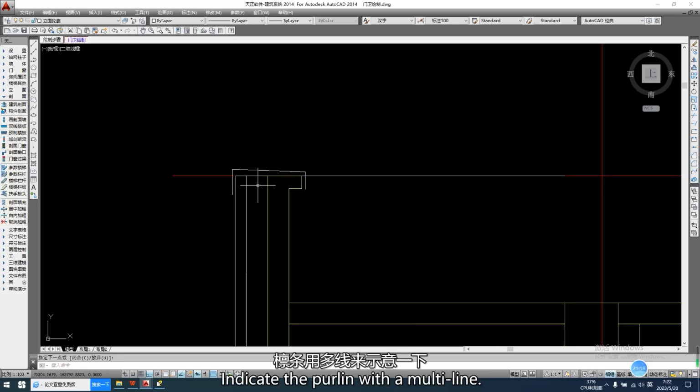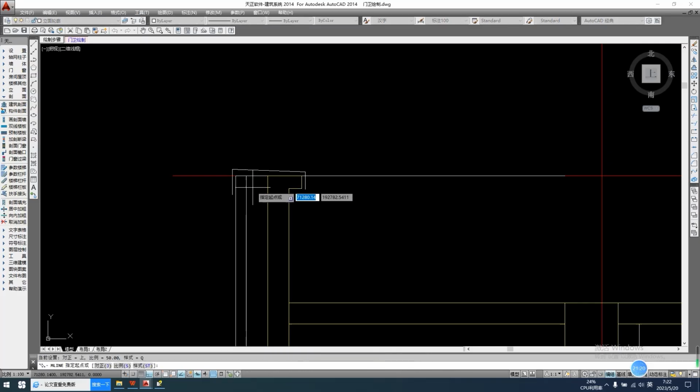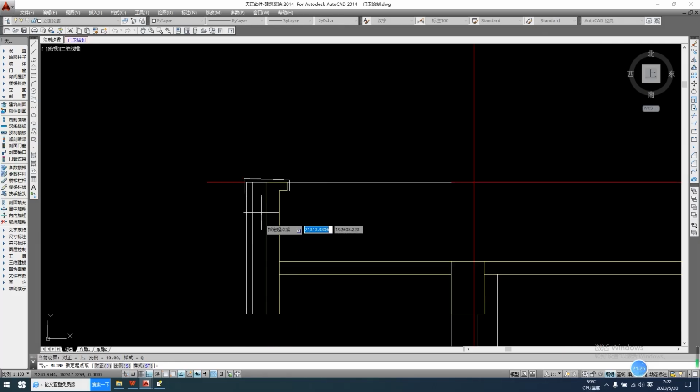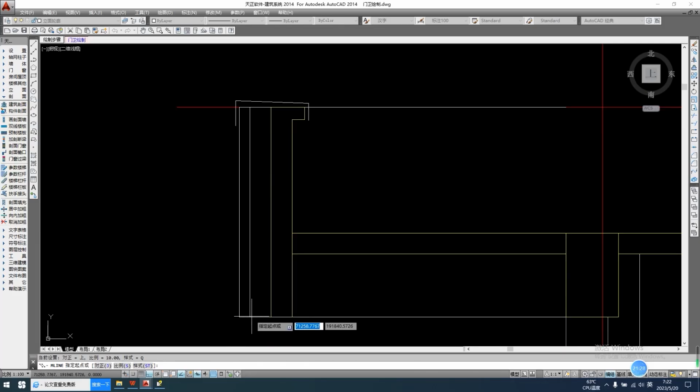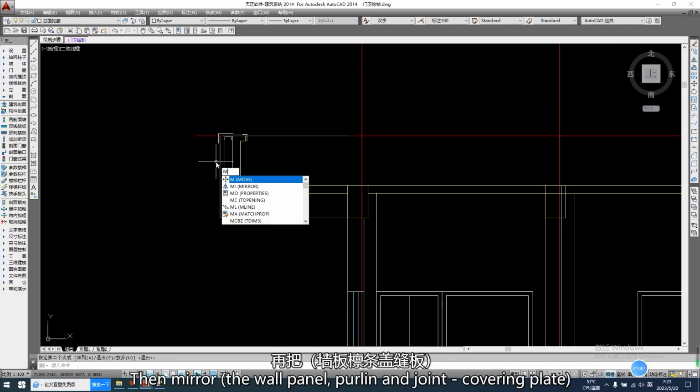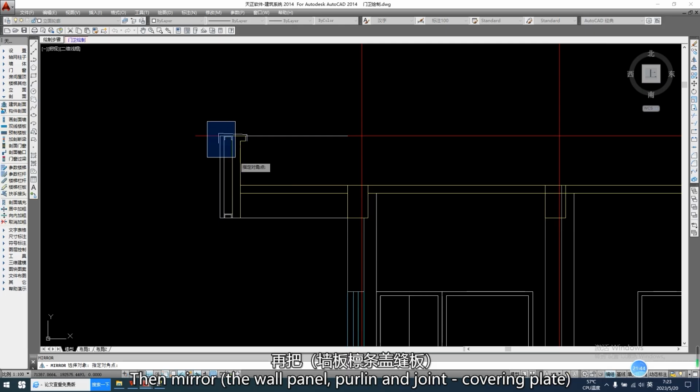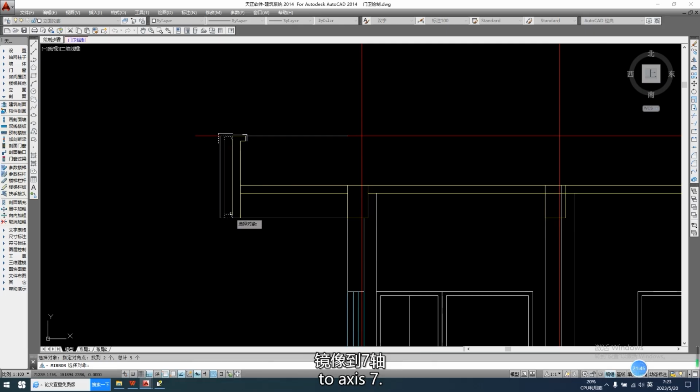Indicate the purlin with a multi-line. Then mirror the wall panel, purlin and joint covering plate to axis 7.